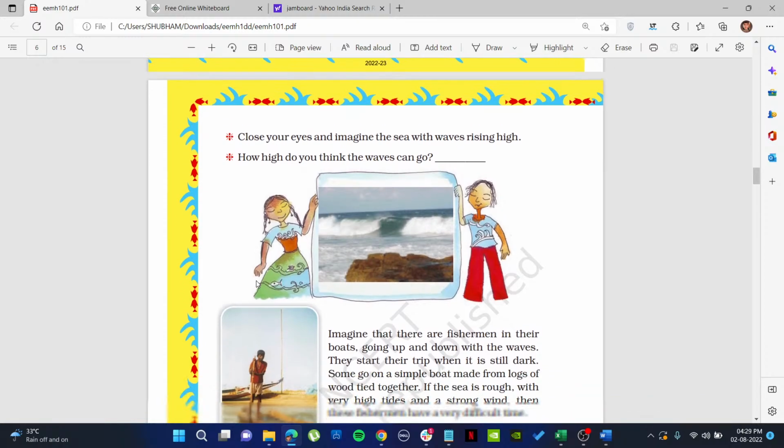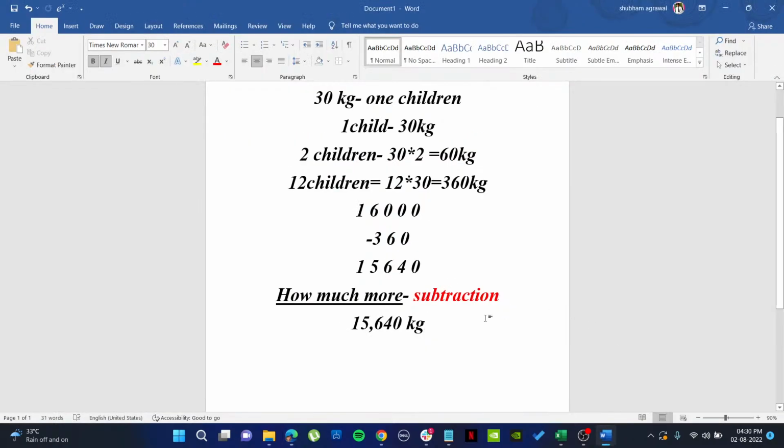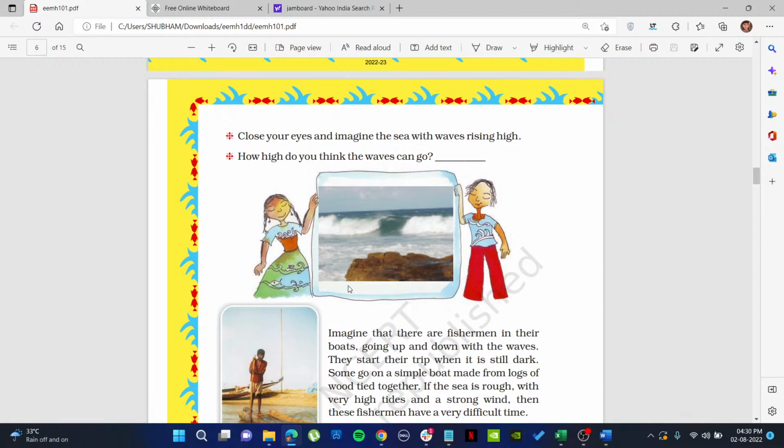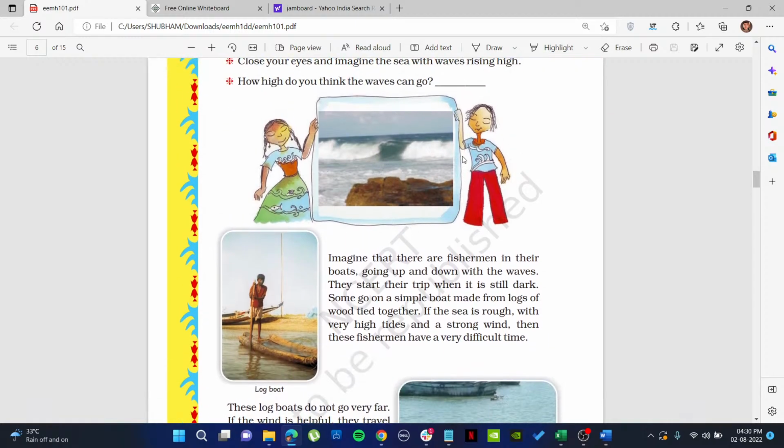So we can say that the height of a normal wave is around 10 centimeter, and we can write it this way: 10 cm. So here we can see a picture of a wave.